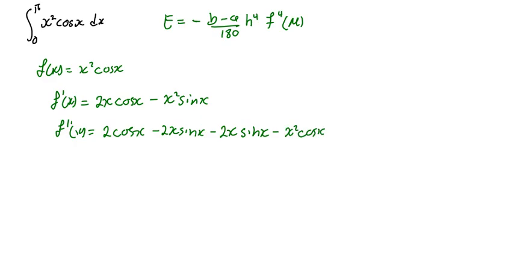And if you simplify this, this is going to be equal to 2 cos x. You have this one and this one, that's going to be minus 4x sine x minus x squared cos x.